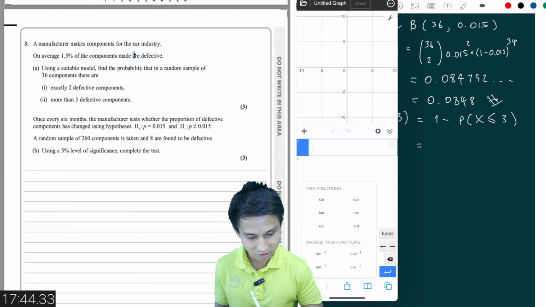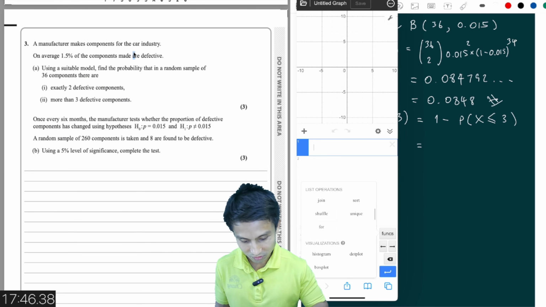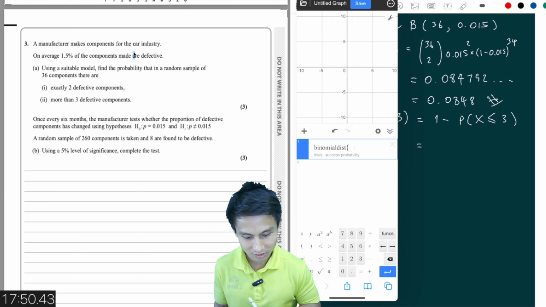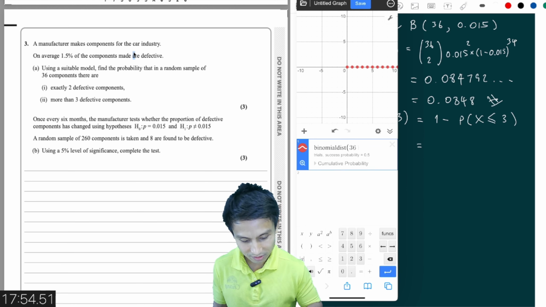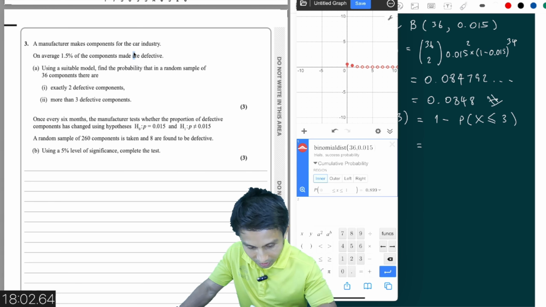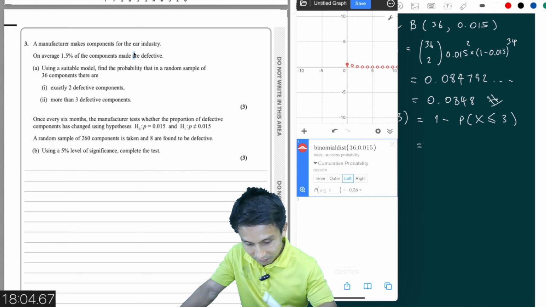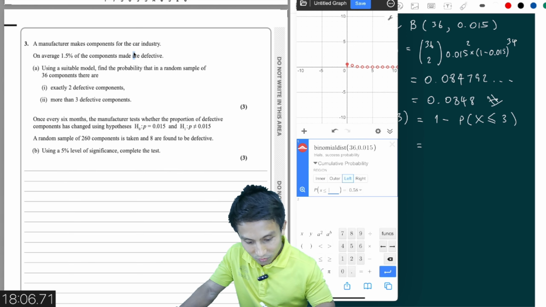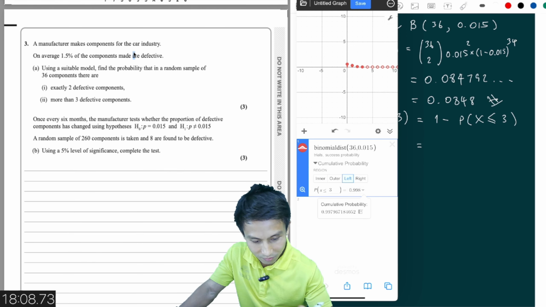I'm just going to do function, and you go to probability distribution, binomial dist here, and the trials were 36, with the probability of success being 0.015. And cumulative, we have to do left, right? And then I'm going to do x less than 3 there, and then I'm going to get the value.